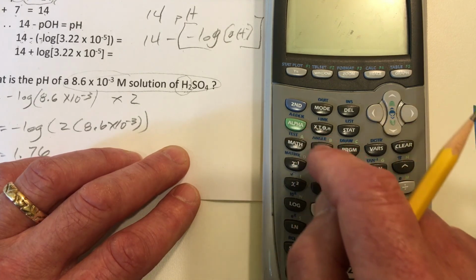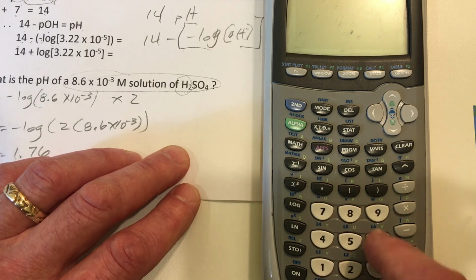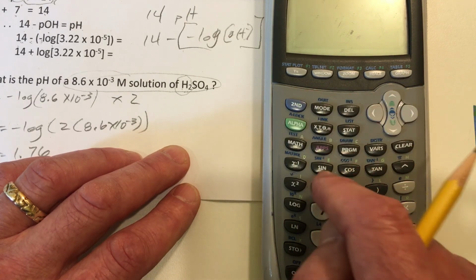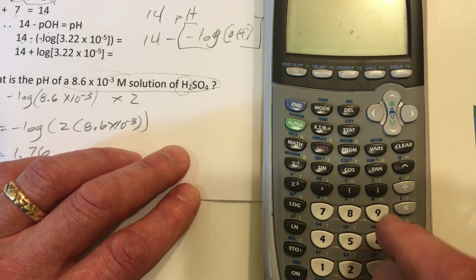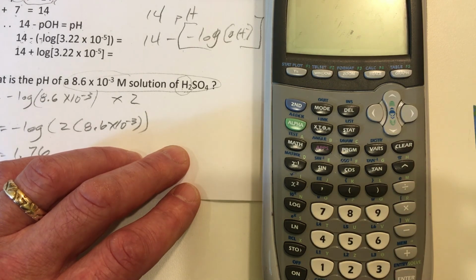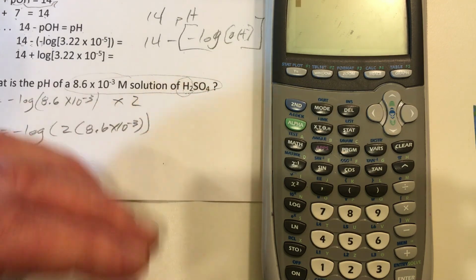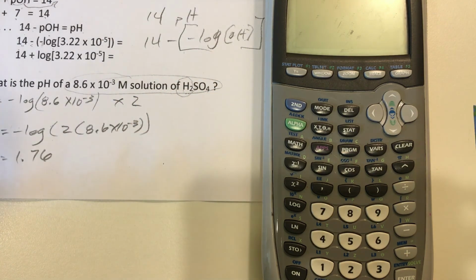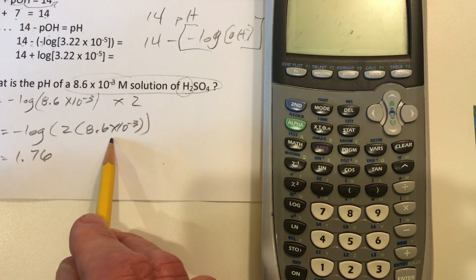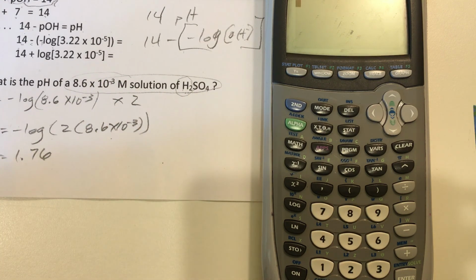Negative log 8.6 times 10 to the negative 3, close parenthesis, equals 2.06. And something is not quite right here. I typed something in wrong here. 8.6 times 10 to the negative 3. This is probably the better way to do it.